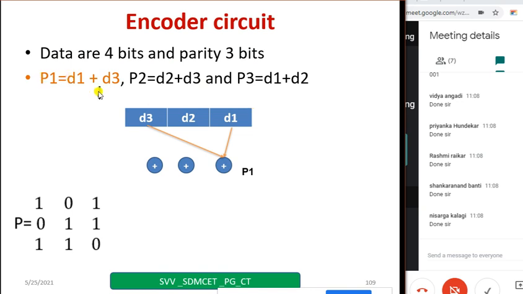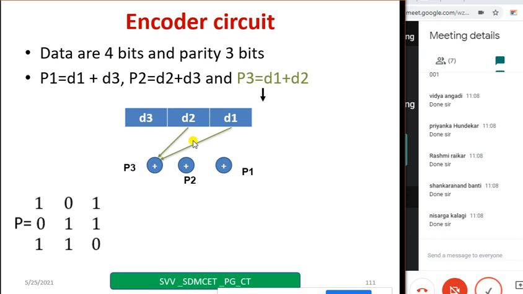For example, P1: to get P1, I have to add D1 and D3. Similarly, next I want P2. P2 I'll get by adding D2 and D3, I'll just add these two, mod 2 addition. I'm getting P2. And similarly, I want P3, I'll get by adding D1 and D2.